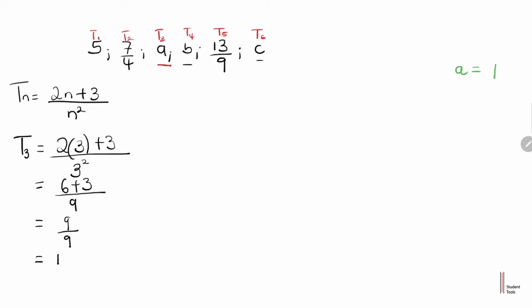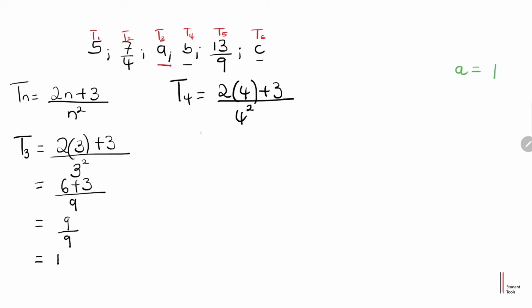Now let us find the value of b. The value of b is term number 4. So to find term number 4, we have t4 equal to 2 multiplied by a 4 plus 3. We're putting 4 here because we're replacing n with a 4. So this is over 4 squared. Again, here we are replacing n with a 4 because n is squared, we have 4 squared.